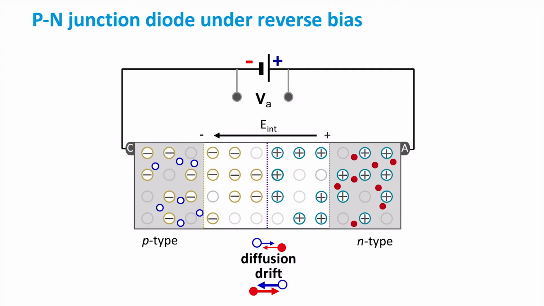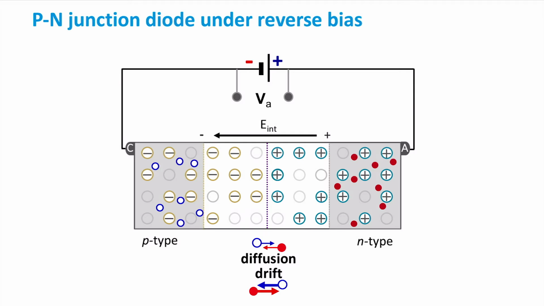As we mentioned in the previous video, when we apply voltage to a device, the potential difference corresponding to the applied voltage is spread across the depletion region. Under reverse biased conditions, the applied voltage will spread across the depletion region such that the potential at the edge of the depletion region in the p-type material is negative with respect to the n-type material.